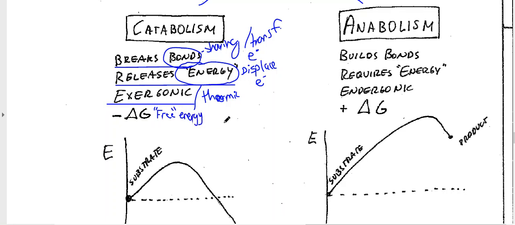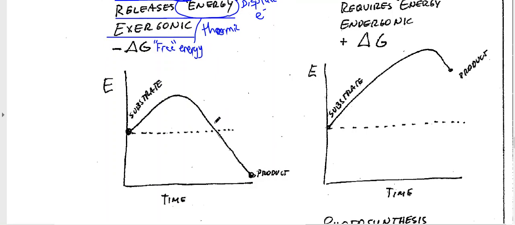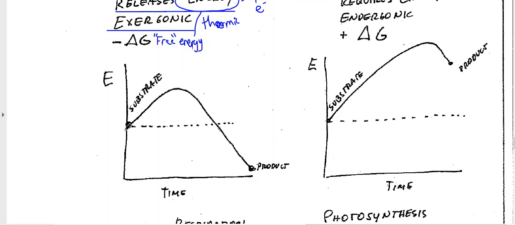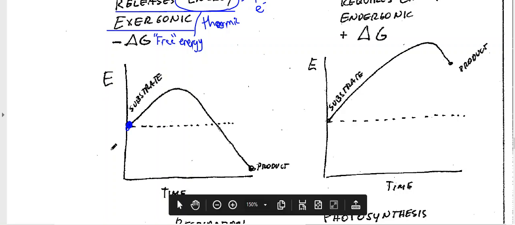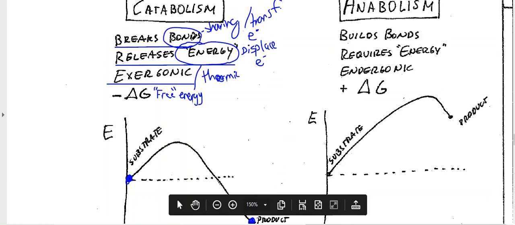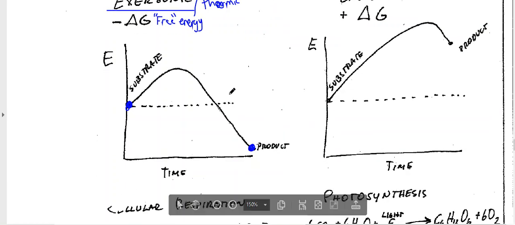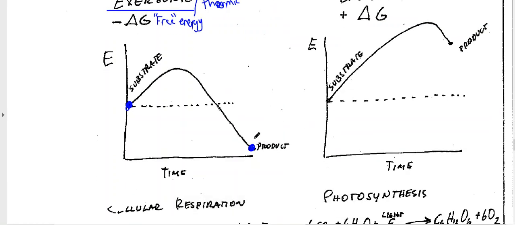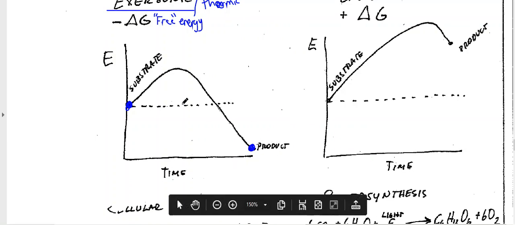So let's take a look at what this looks like. All right. So you're going to start over here with a substrate, and that substrate has some amount of energy. It's going to run through a reaction, and when it gets to its products, if it's exergonic, if it's a catabolic reaction where we're breaking bonds, the products have a lower energy than what the substrate started with.